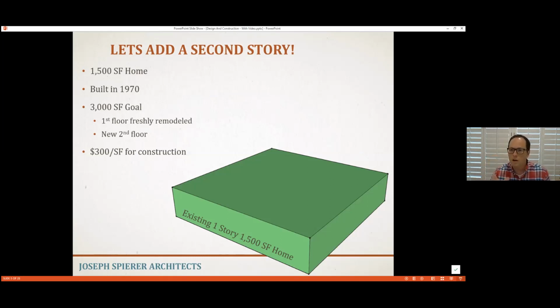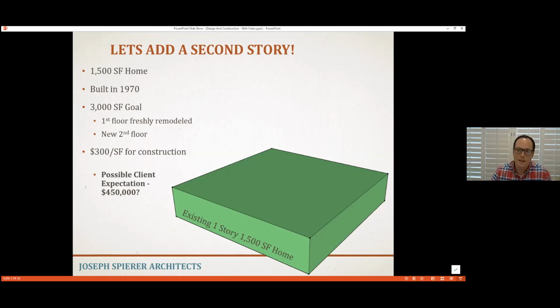I'm going to basically cover all of that square footage, and I have all the costs figured out. I figured out that I'm going to spend $300 per foot for construction, and that in the end, it's going to be $450,000, because I'm multiplying the $300 per square foot times the 1,500 square feet, which gives me what I think is going to be my addition cost.